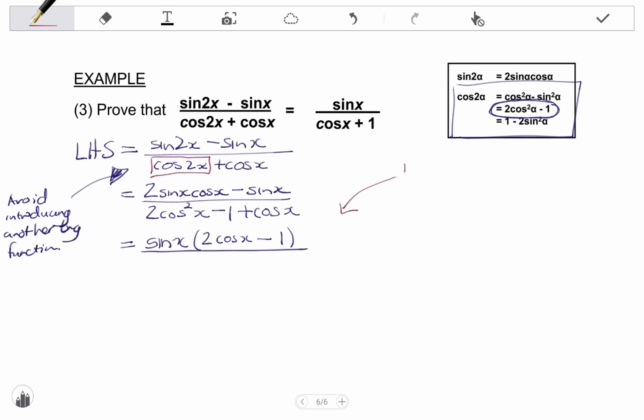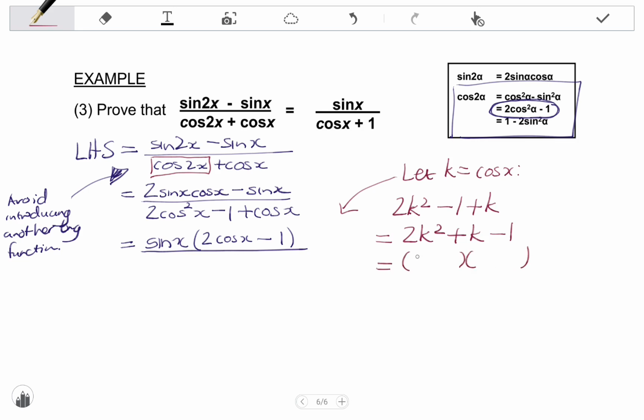You can choose, but I'm going to say k equals cos x. So then I have 2k squared minus 1 plus k. And immediately we can see more clearly how this trinomial works. So I'm going to write it in standard form. So I've got the k squared term first, then plus k, then minus 1. And this is a lot simpler to factorize than the trig version of it.